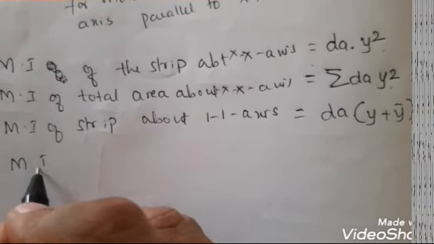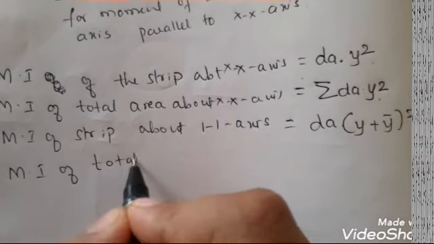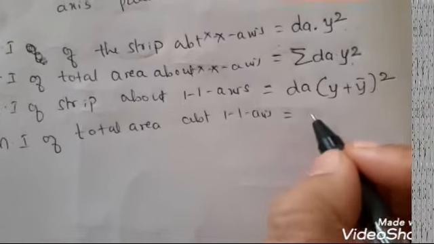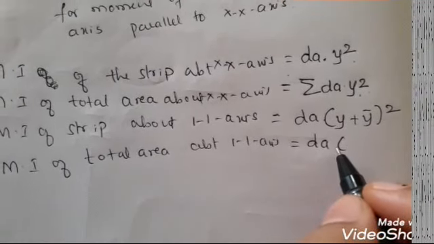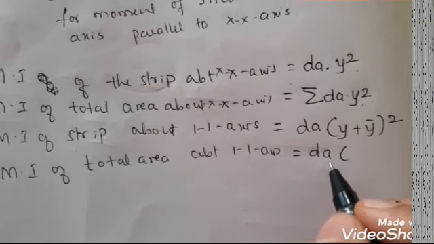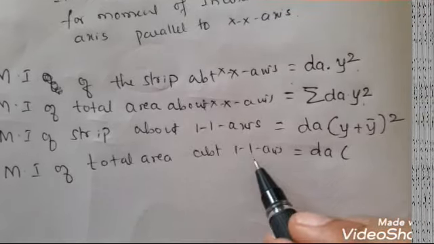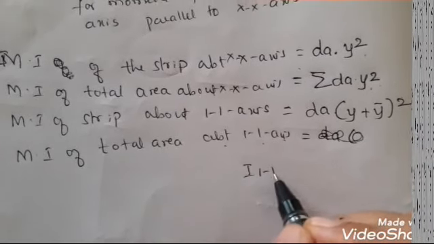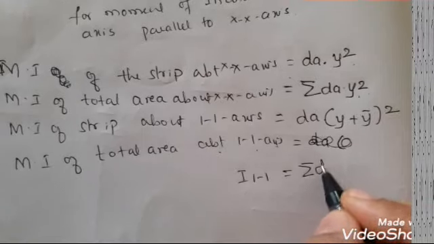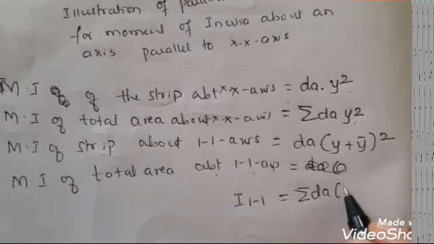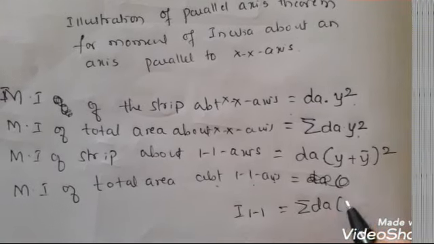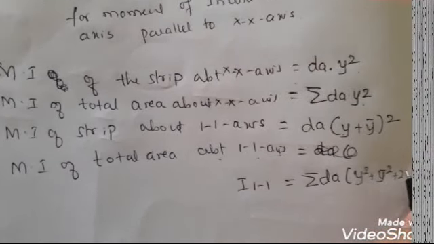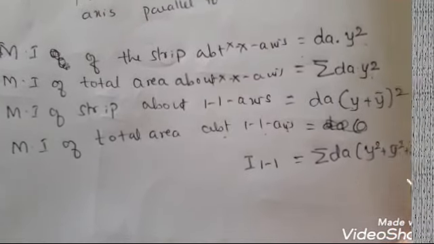Similarly, the moment of inertia of the total area about axis 1, I11, is equal to the summation of dA into y plus y bar square, which can be written as y square plus y bar square plus 2 y y bar.